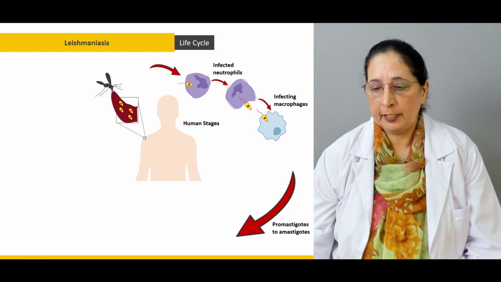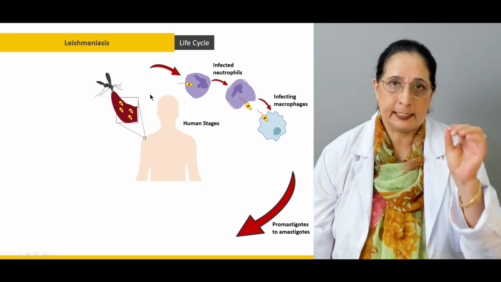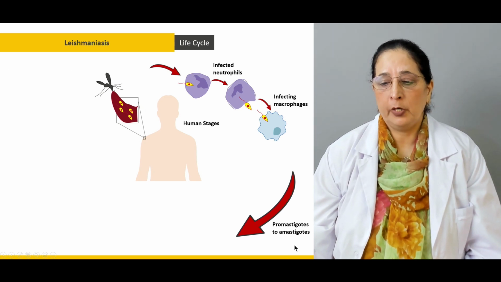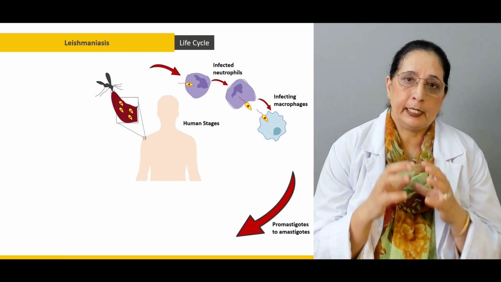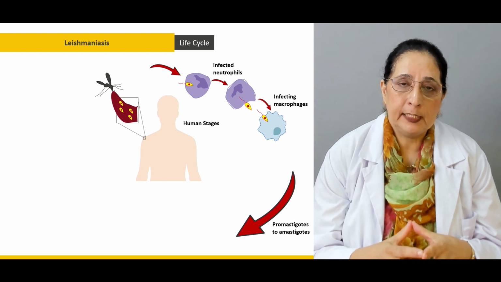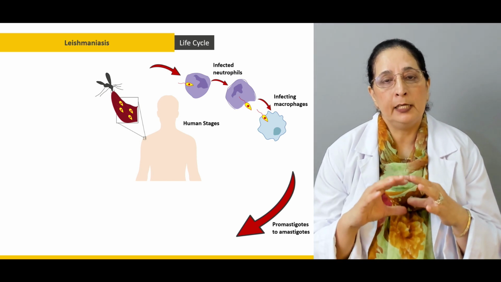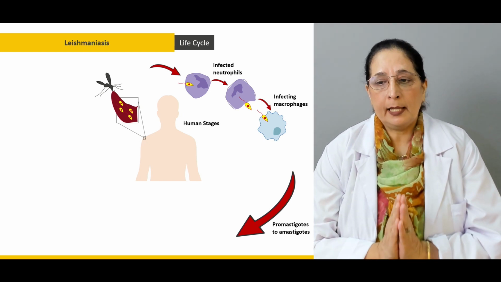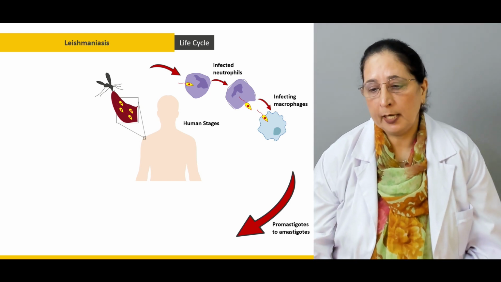From the macrophages, the promastigote, which is injected into the body by the sandfly, changes into an amastigote. So the promastigote enters the human body by the bite of the sandfly, attacks the neutrophils, and then on release from the neutrophils, it enters the macrophages, and there the promastigote changes to an amastigote.